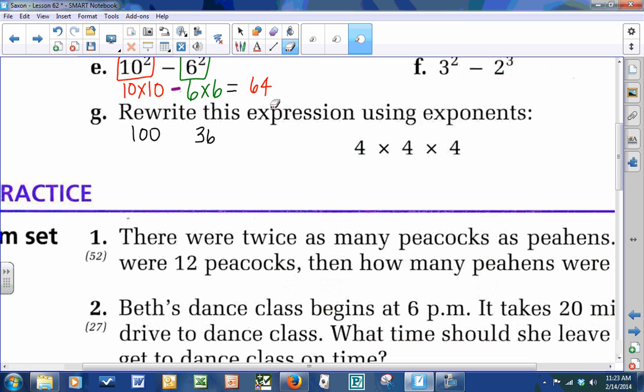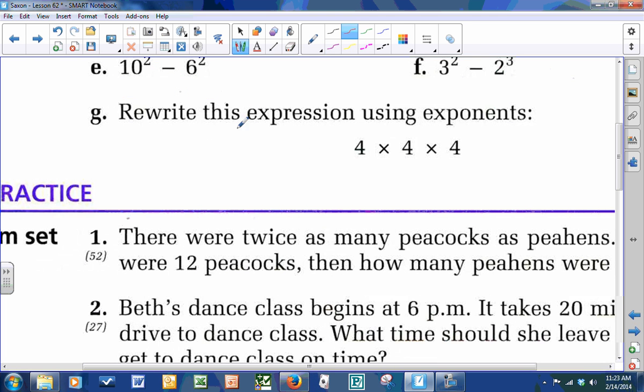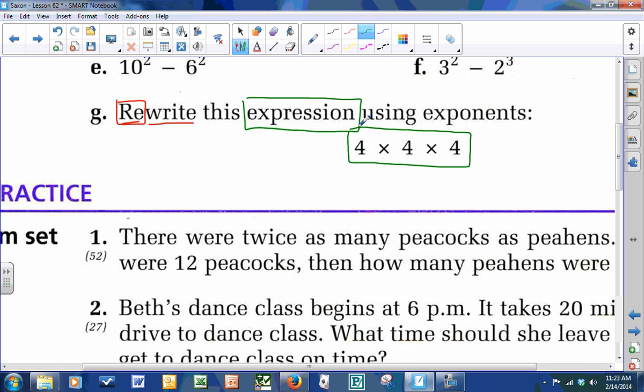Okay? Look at this problem right here. Let me do a little erasing just to clean up the page. It says to rewrite. Okay, when you see rewrite, re means again, so you're going to write again this expression. What's an expression? It's right in math, it's this right here. It's an equation without the equal sign or the answer.